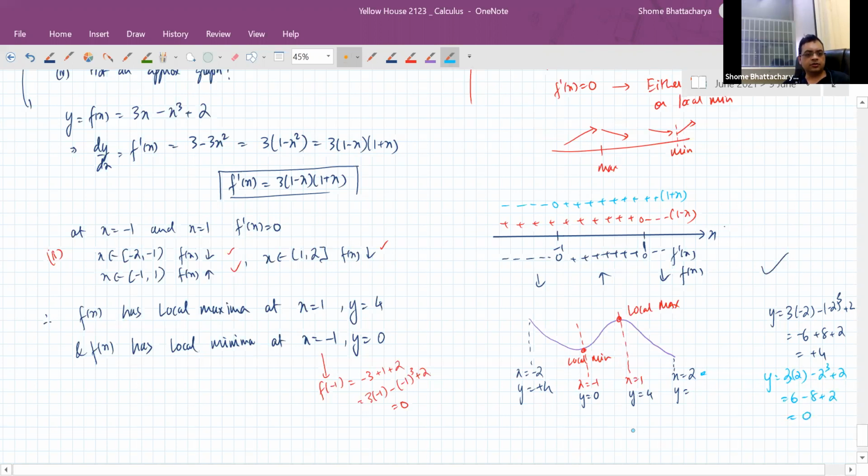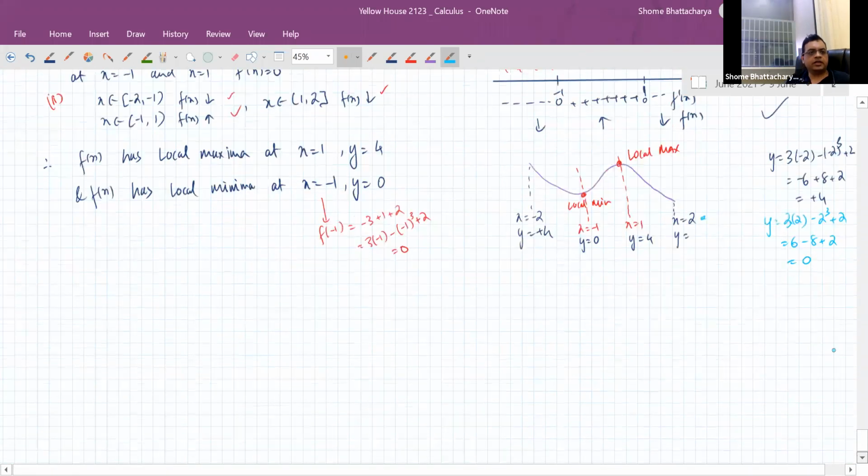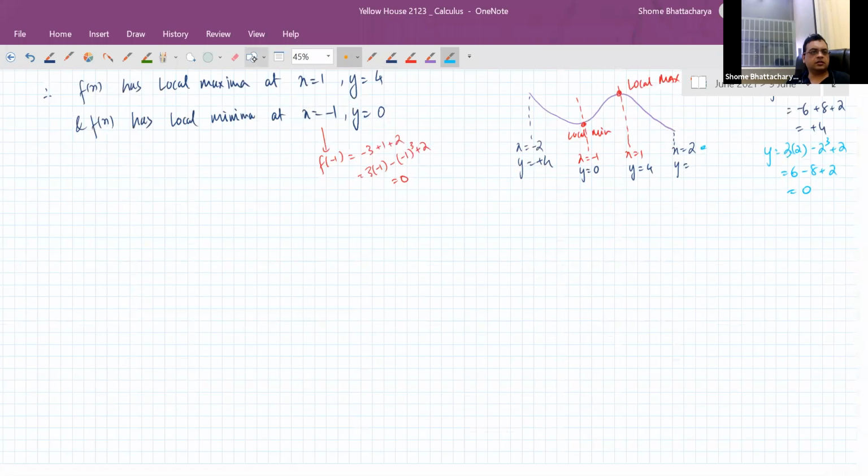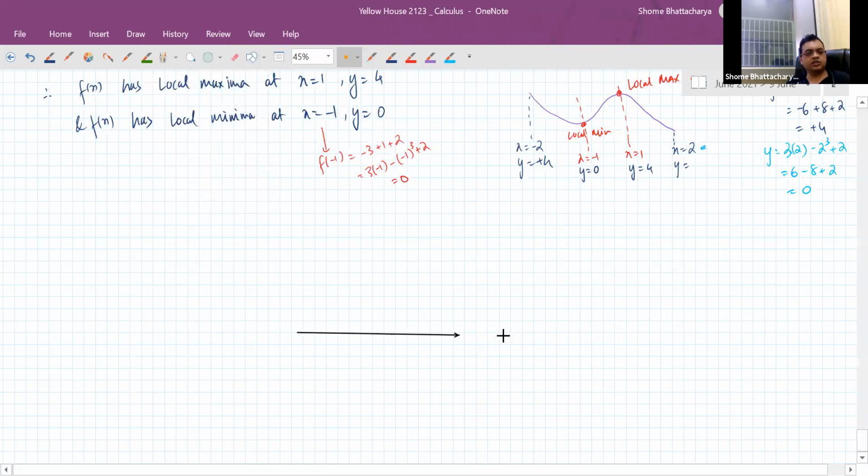That's now showing me a very interesting pattern of this graph. I can get a reasonably good shape of the graph, not 100% accurate, because I have a lot of data with me. The function is going something like this.